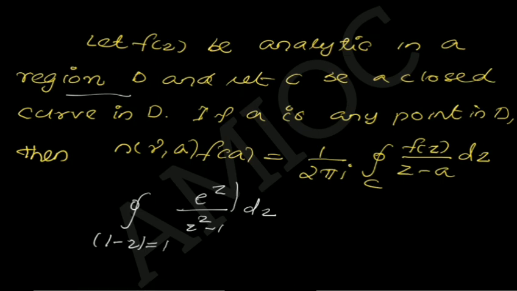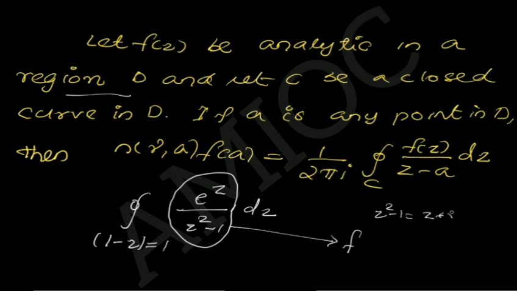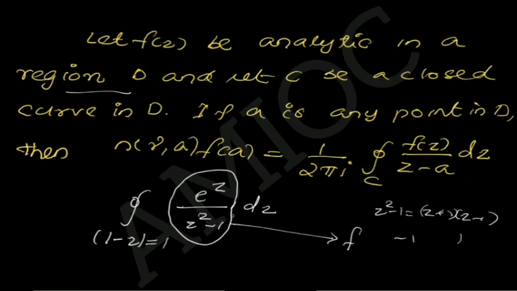Considering the function e raised to z by z square minus 1, the zeros of the denominator, z square minus 1, which is z plus 1 into z minus 1, are minus 1 and 1. Therefore, the singular points of the function e raised to z by z square minus 1 are minus 1 and 1.